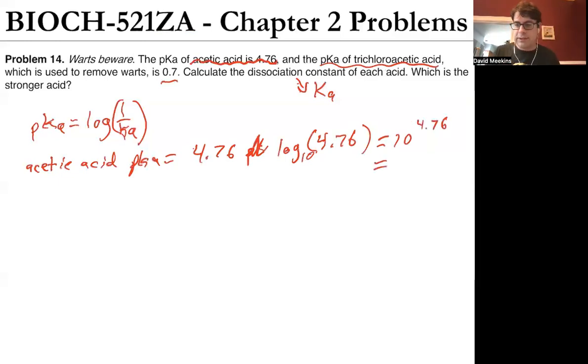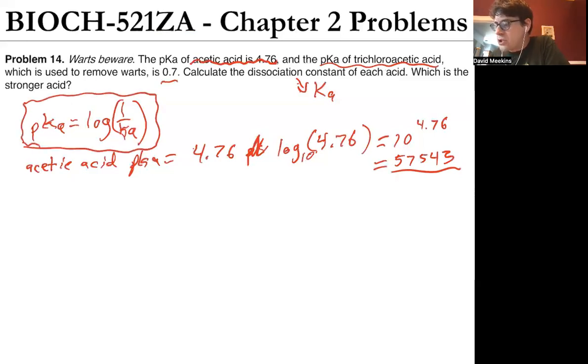Plugging this into my calculator, 10 to the power of 4.76 equals 57,543. Okay, so if we go back to this equation here, we can see pKa is just the inverse of that value.